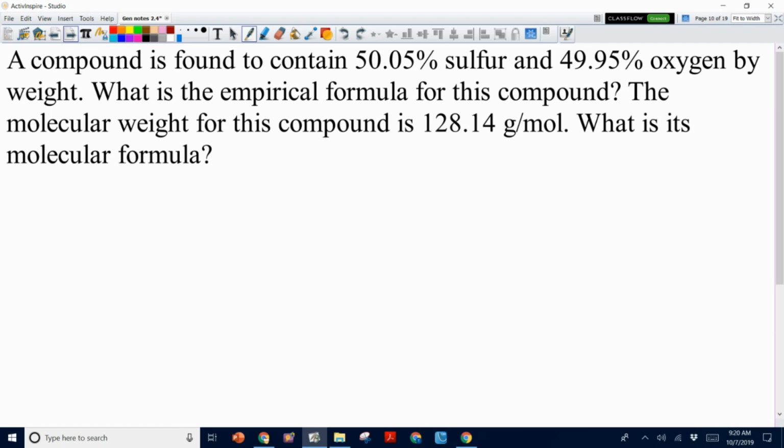All right, so we're trying to get the empirical formula from percentages. So our first step is percent to mass. Well, the way I like to work these is in columns. So we have sulfur and oxygen. I'm going to put sulfur and oxygen here because we have those two elements. And it says that the percent is 50.05% and 49.95%.